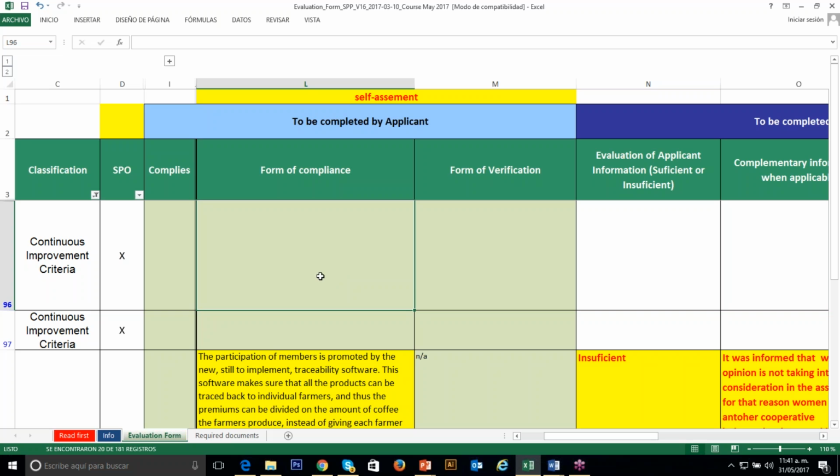Then I think that in your case, in your context, maybe you would have to do a visit, a field evaluation. Yes, that's what I mean. Right.